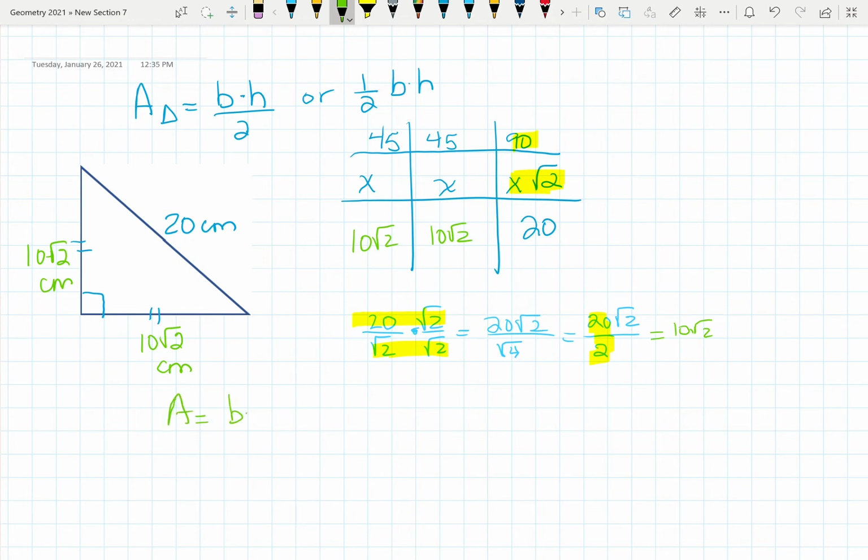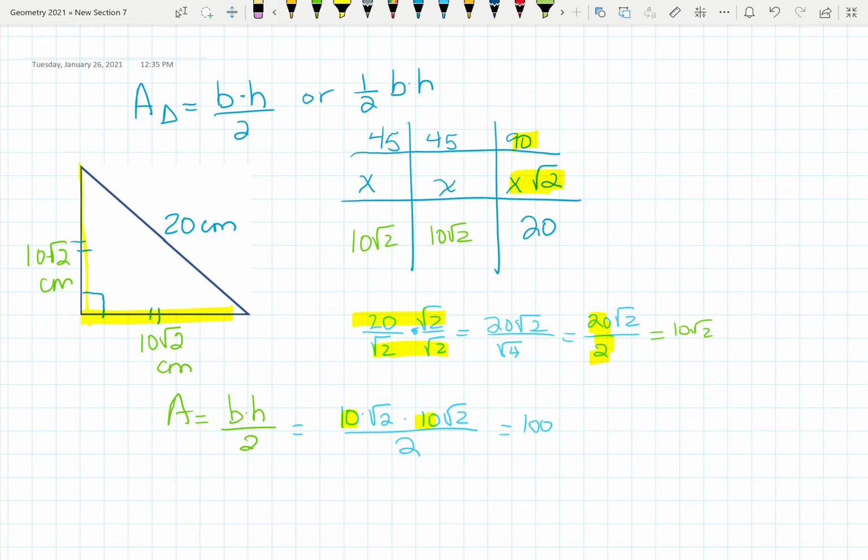Remembering that area is base times height divided by 2, where these two values are your base and your height, I'm going to say it's 10 square root of 2 multiplied by 10 square root of 2 divided by 2, base times height divided by 2. Now remember what I can multiply here. I can multiply the 10 times the 10. That would give me 100.